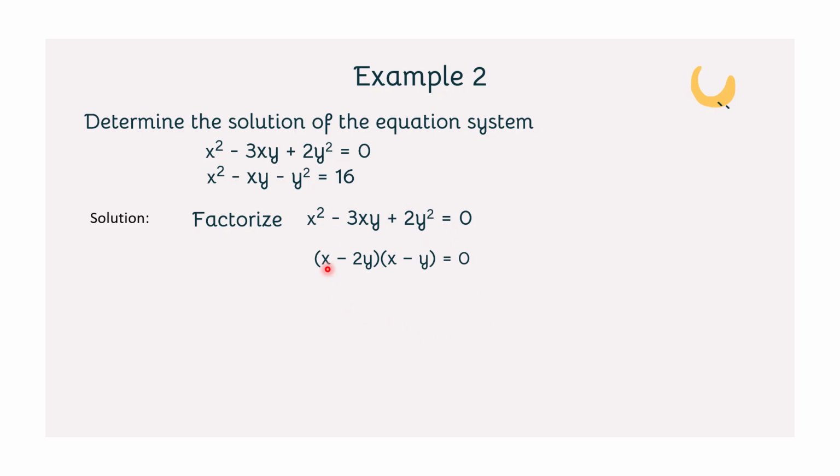We have the part of x and the part of y. The factors are x minus 2y and x minus y equals 0. From these factors, we obtain two equations: x minus 2y equals 0 and x minus y equals 0. So from the first one, x is 2y, and from the second one, x is y.